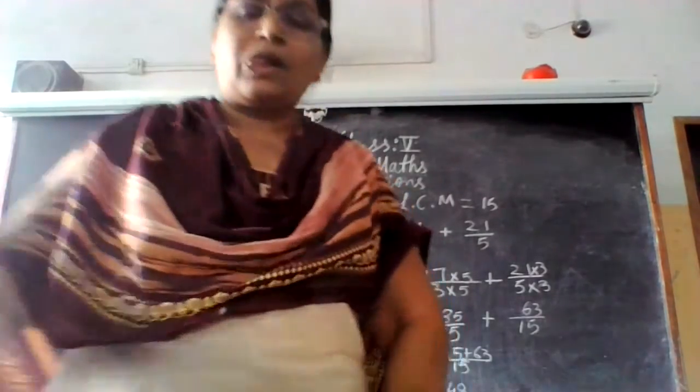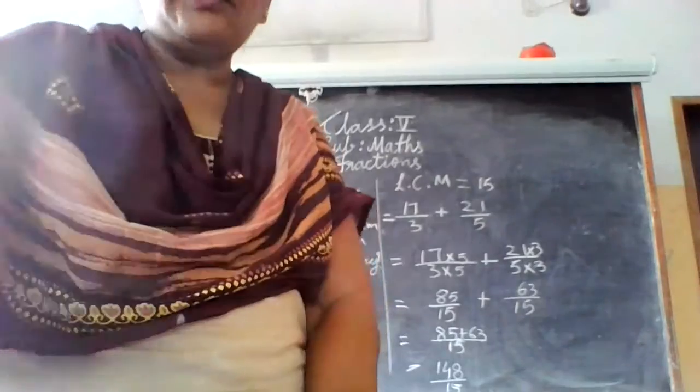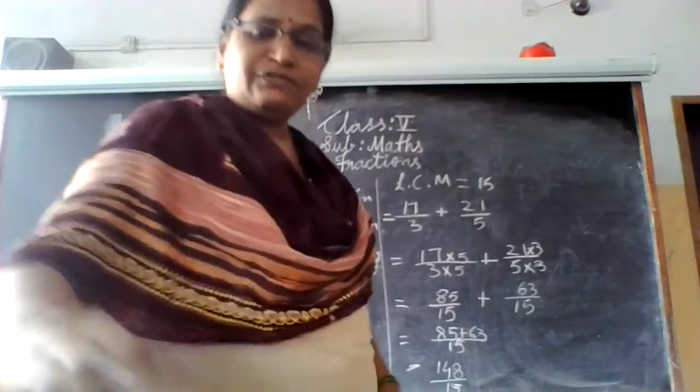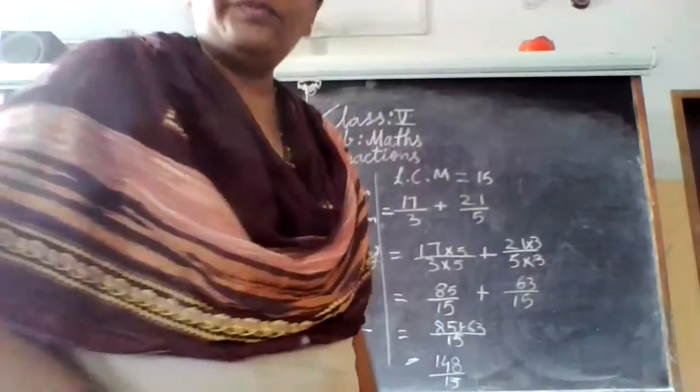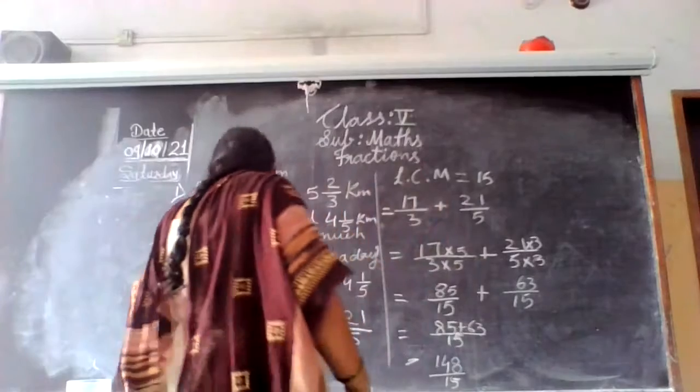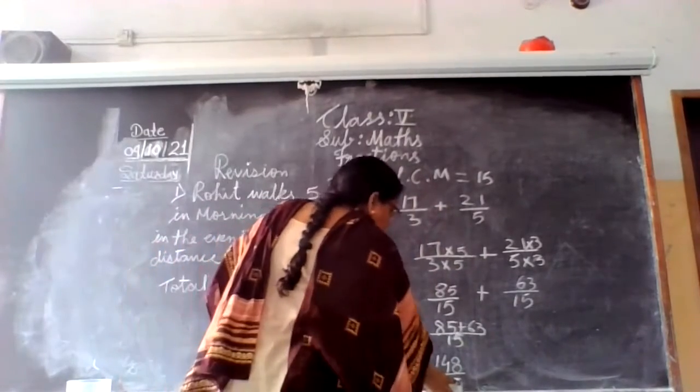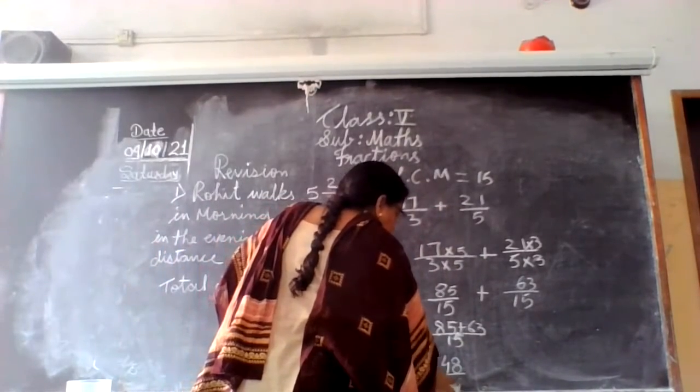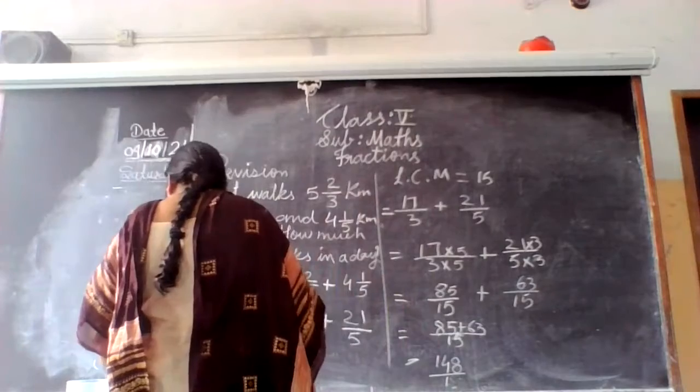Now see children, 148 divided by 15. If you divide 148 by 15, you will not get a whole number. 148 is not a multiple of 15.